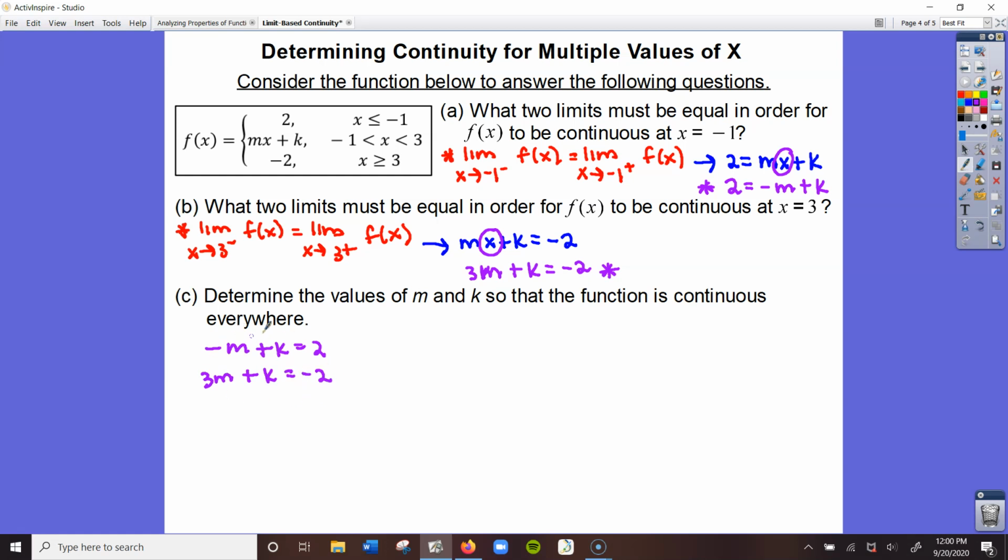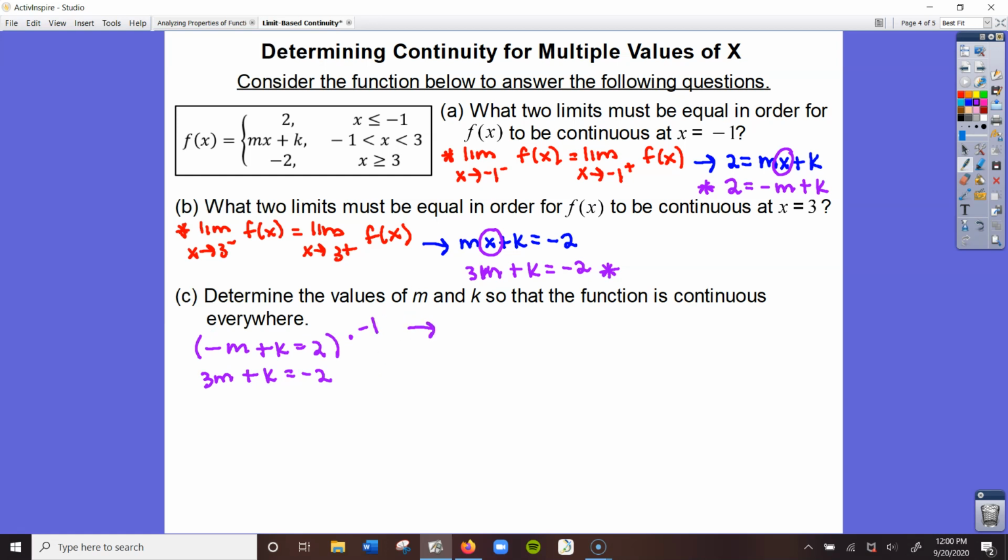Now I can solve this system using whatever method you prefer. In this particular case, I'm going to use the elimination method because I see that the k's could cancel out if I multiply one of those equations by negative 1. I'm going to multiply the top equation by negative 1.